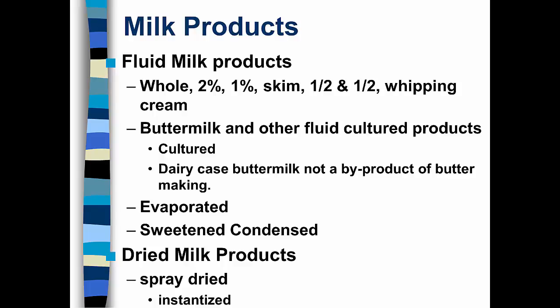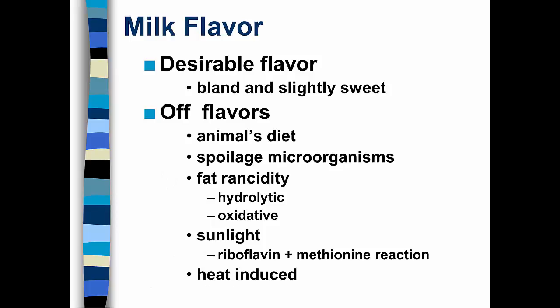So if you buy powdered milk, dried milk at a store, it's pretty much for sure going to be that instantized version. So you can just take a spoonful of it and stir it into cold water, and it will disperse.